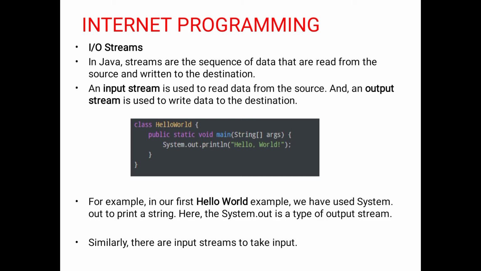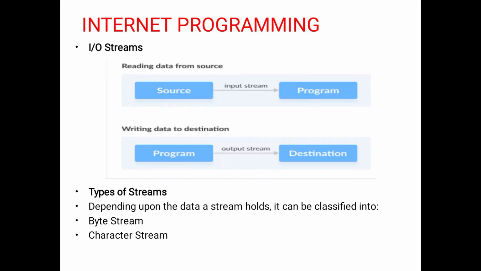In our first Hello World example, we used System.out, the print output stream. Using System.out, it can print the data on the output screen. So that is the input output stream.